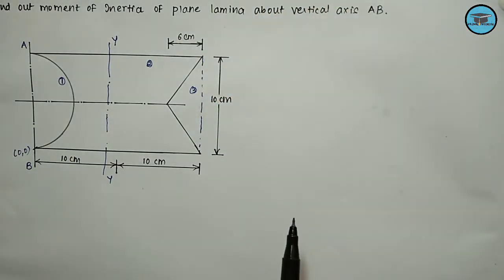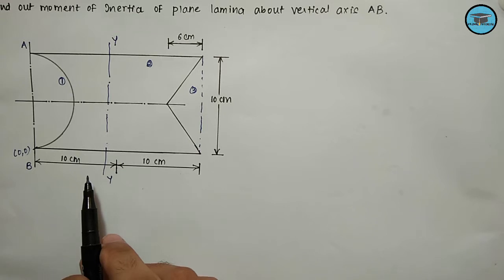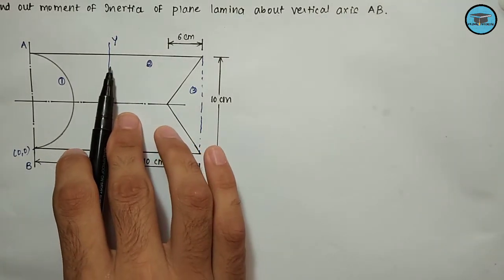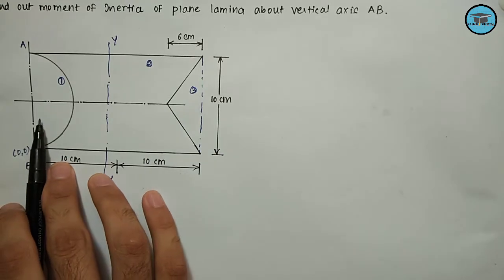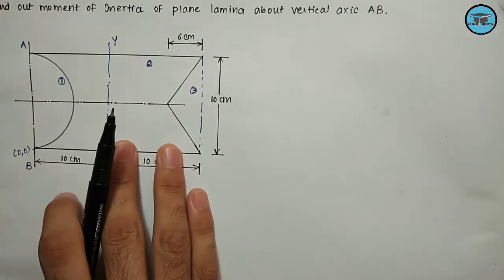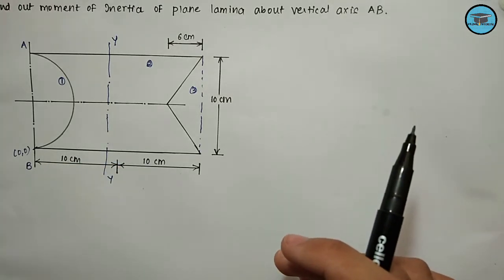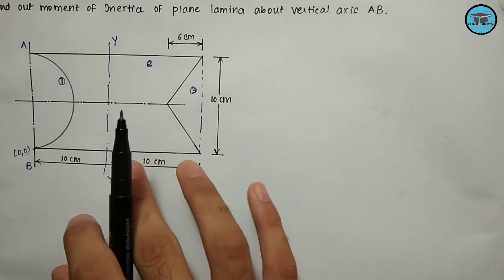Okay, now we need to determine the moment of inertia of these standard figures about this axis YY, and afterwards we need to apply the parallel axis theorem to determine the moment of inertia of this plane lamina about this axis AB.